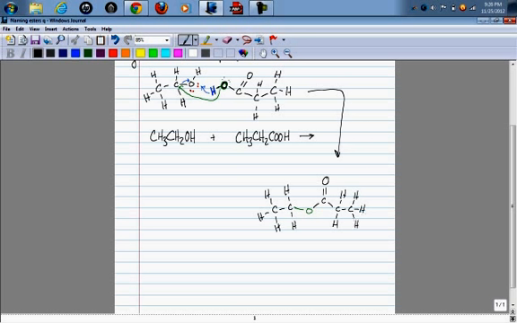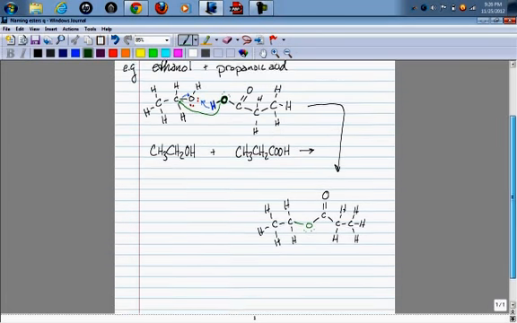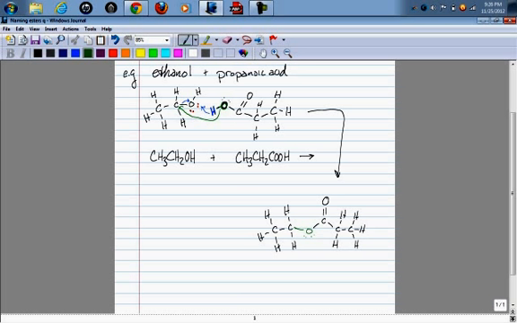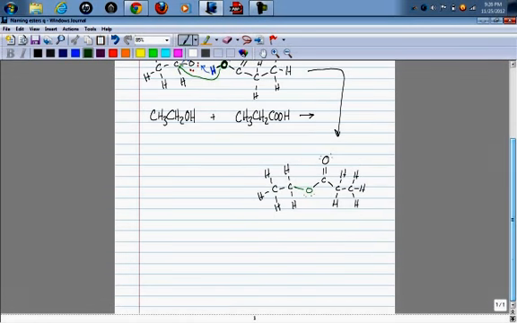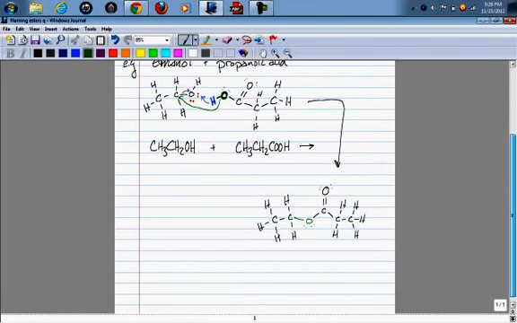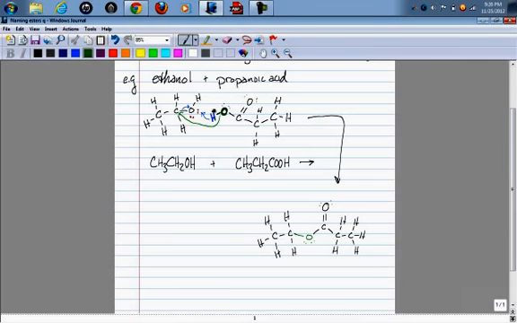And this oxygen that formed the bond to the carbon still has 2 pair of electrons, as did the oxygen in the carbonyl. I'll just throw this in. Okay, so here's the ester that forms. And of course, the H, originally from the acid, is now part of the water molecule, H2O.